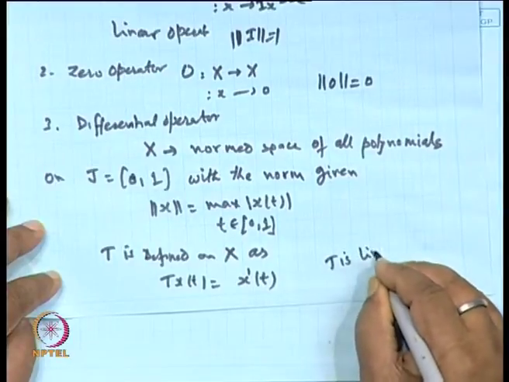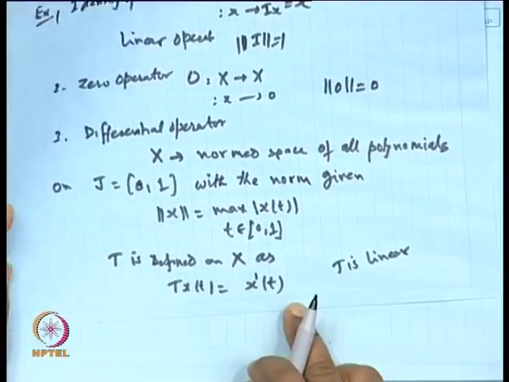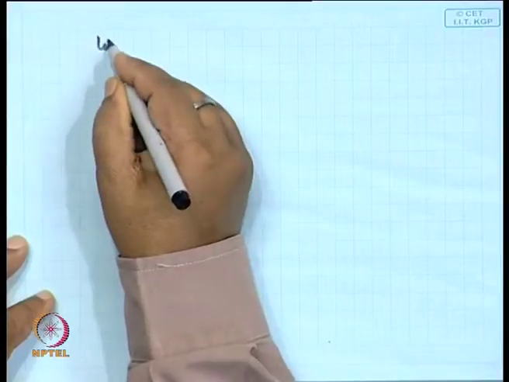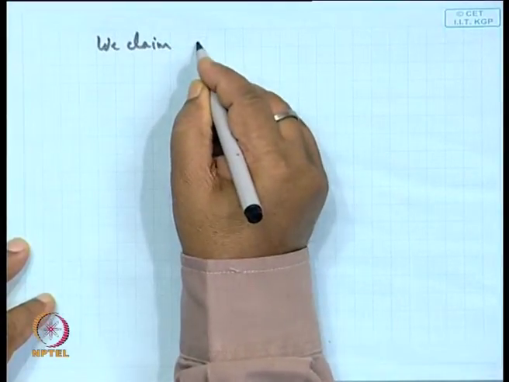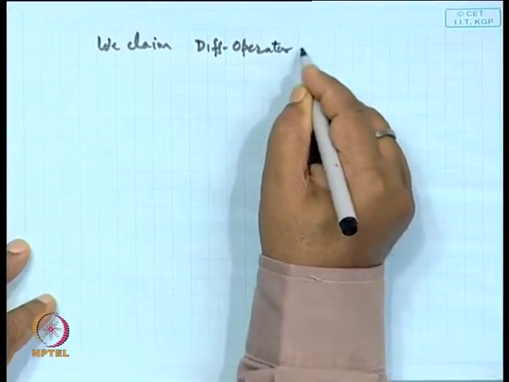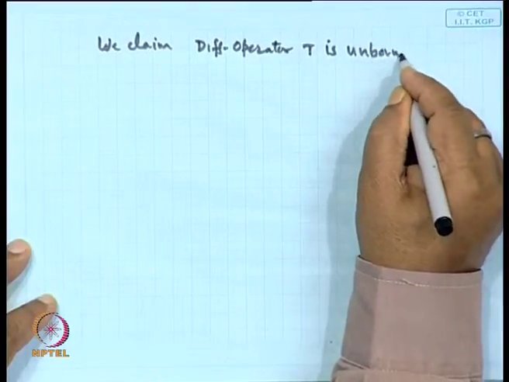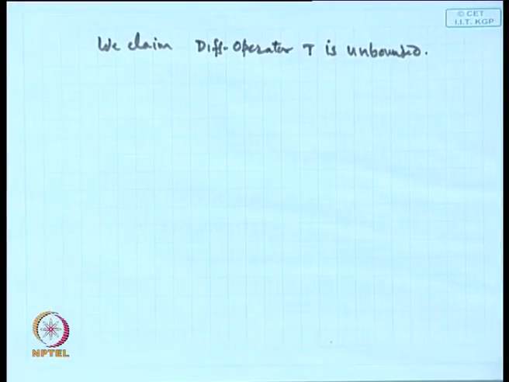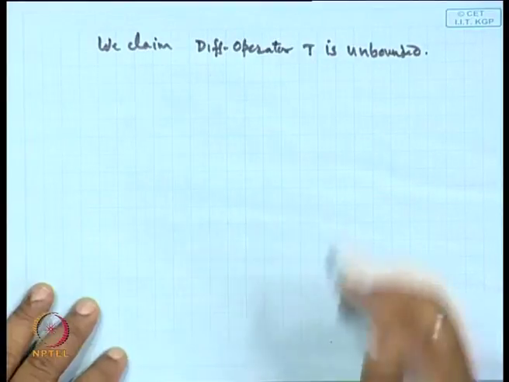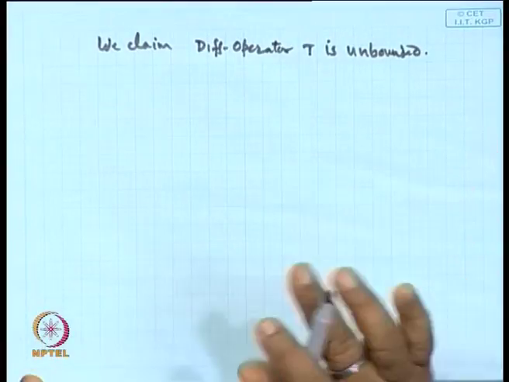This we have already shown earlier. Now, to show whether T is bounded or unbounded, let us check. We claim that this differential operator T is an unbounded operator. It means we are unable to get a constant c such that norm of Tx is less than or equal to c times norm of x.